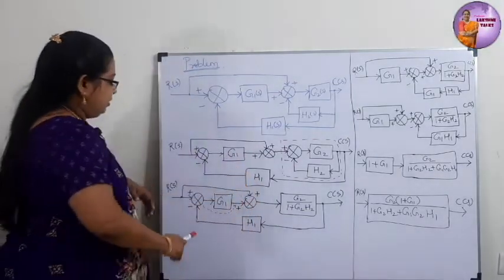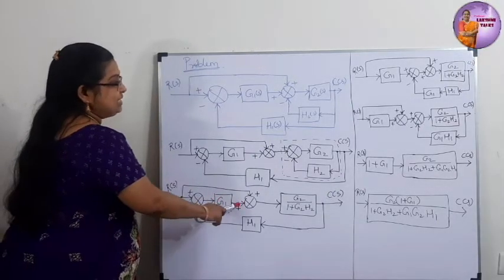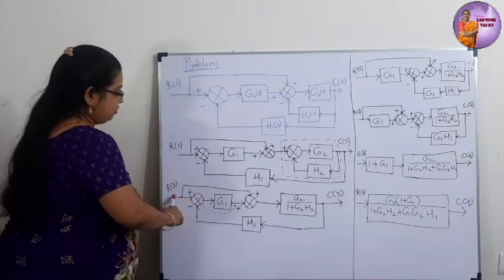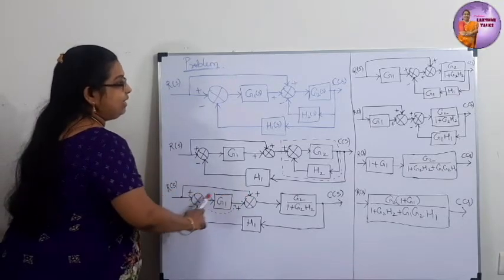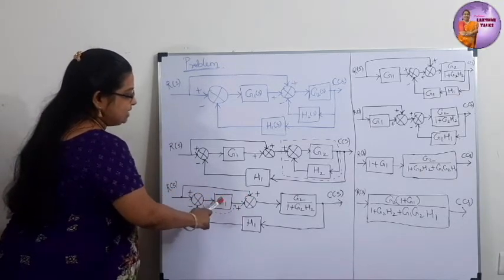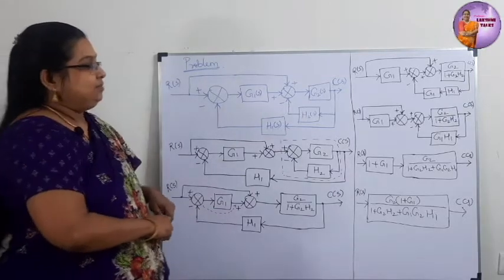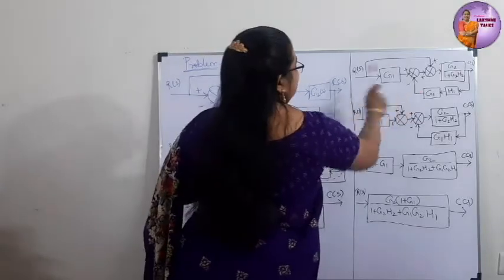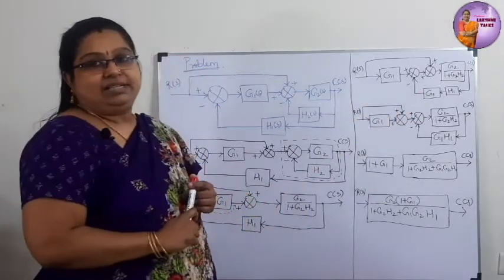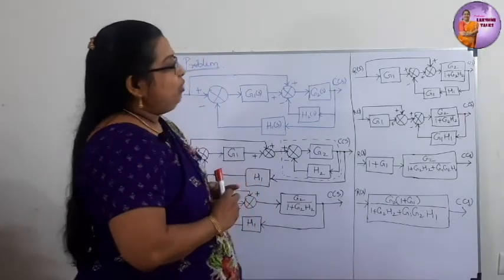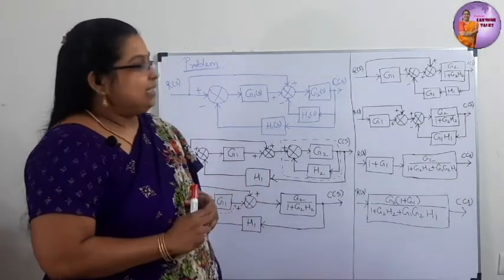So G1 comes out, this remains the same, and this G1 gets included in the H1 block. It is like this.